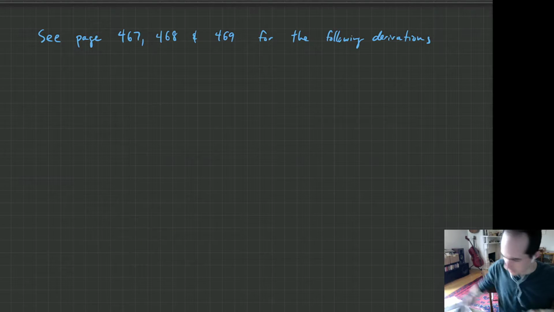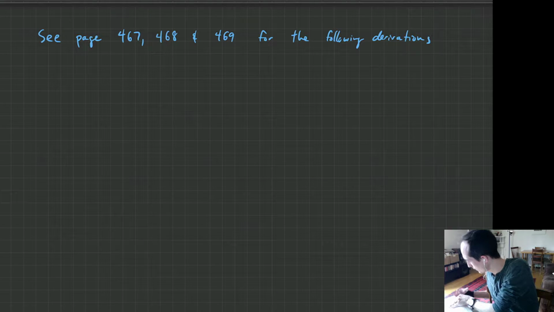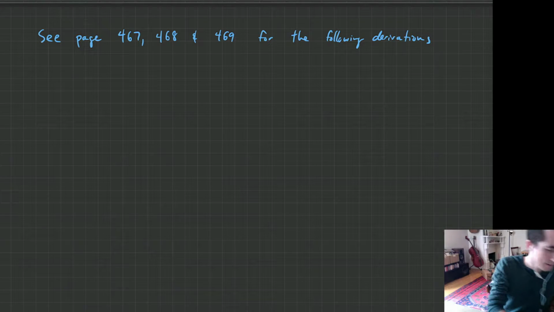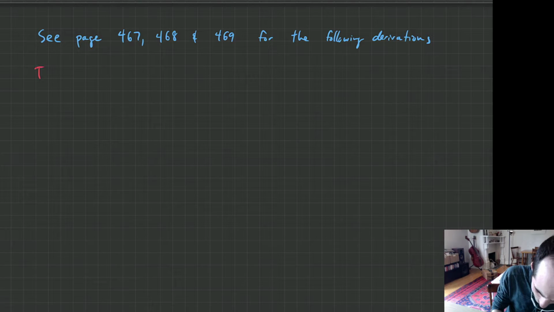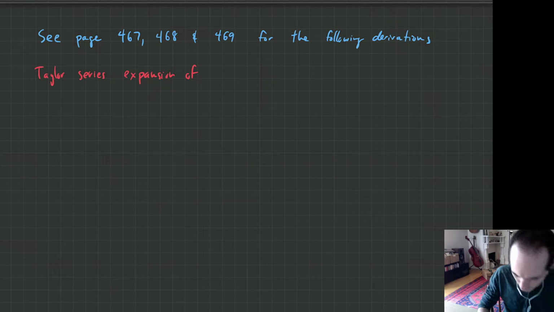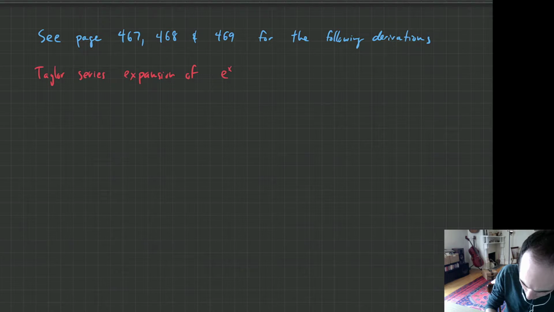Okay, and those derivations are the following. Let me just copy them out. Basically we need the Taylor series expansion of, well, we'll start off with e to the x, and that's on page 467.